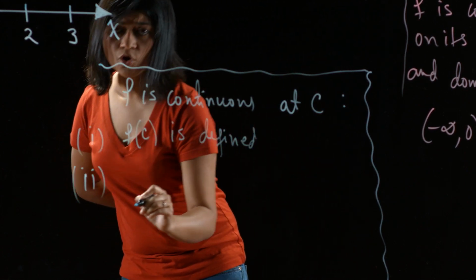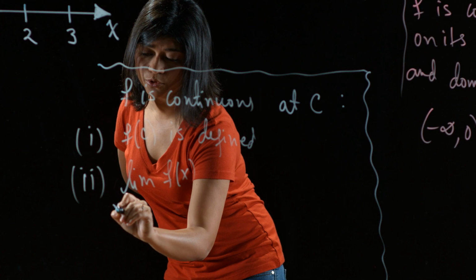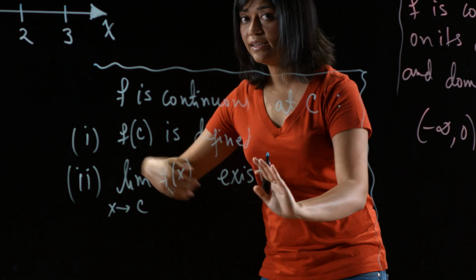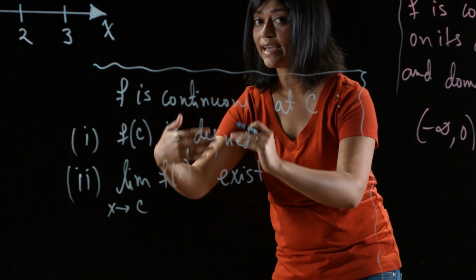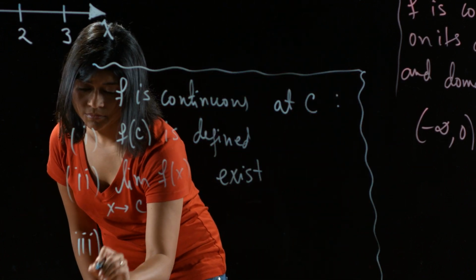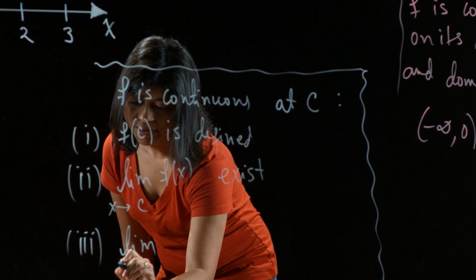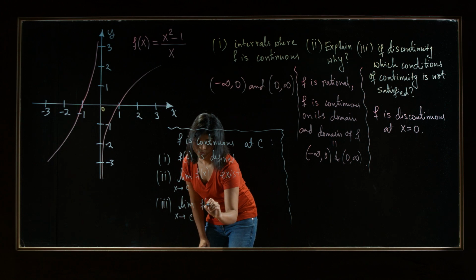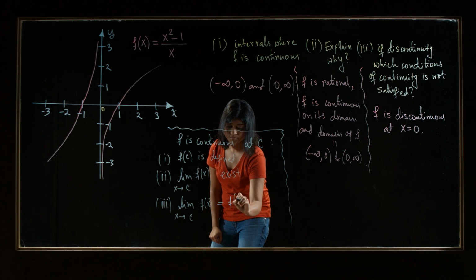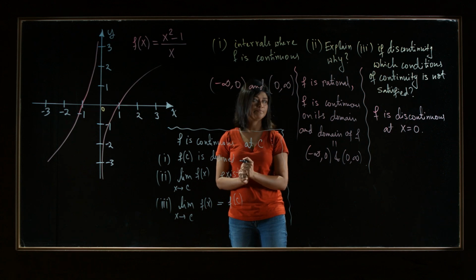Second, the limit of this function as x approaches C has to exist. That actually means the left-hand limit and the right-hand limit exist and they're equal. And just these two is not enough. For continuity, the limit has to be equal to the function value at C. So all three things together will make f continuous at C.